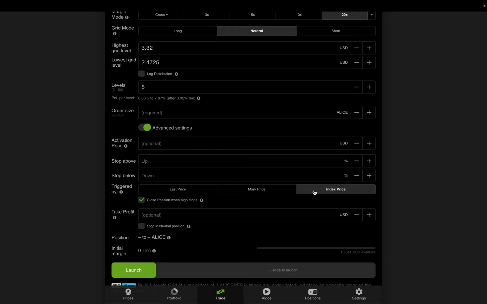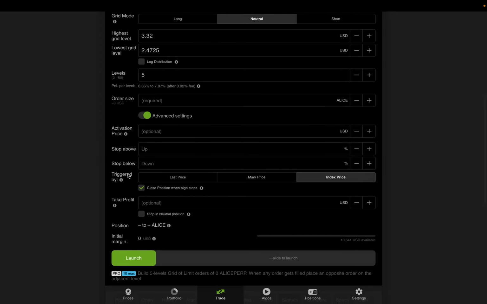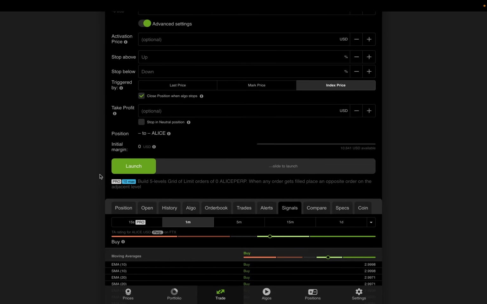That's where mark price or index price for stops and activation would come in handy. So again, if you don't use it in your regular trading, you probably won't need it for grids. But if you do use it in regular trading, then you'll find it useful for grids as well.